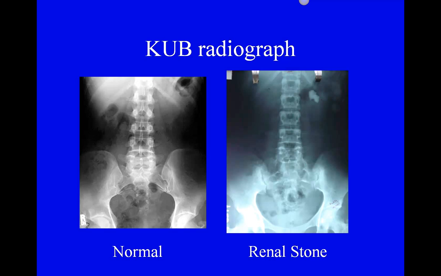That means not giving you any kind of contrast to make things show up. So here's a normal KUB film, and it's going to go from about just above the level of your belly button. So if you can find that area on you, and it's going to go down below your pelvis, so kind of at the bottom, I guess, of your crotch area. They're going to place an x-ray plate and take a picture.